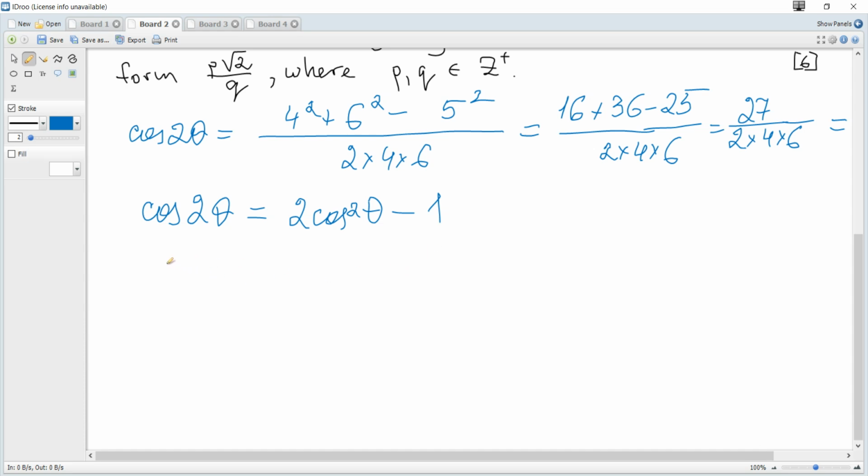Hence, cosine squared of theta is equal to cosine of 2 theta plus 1 over 2.